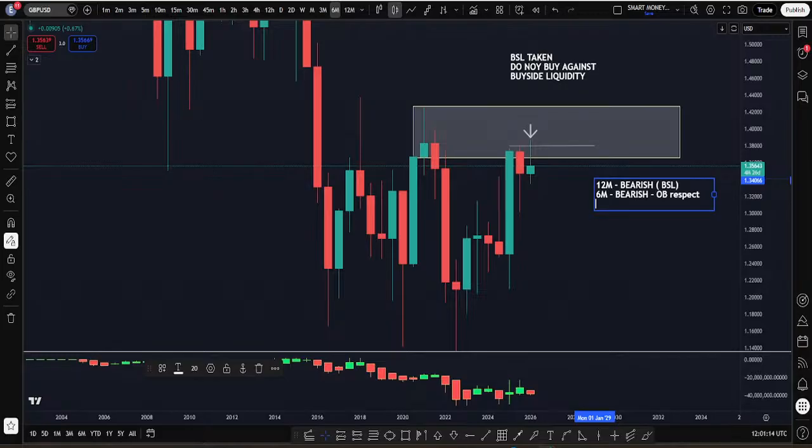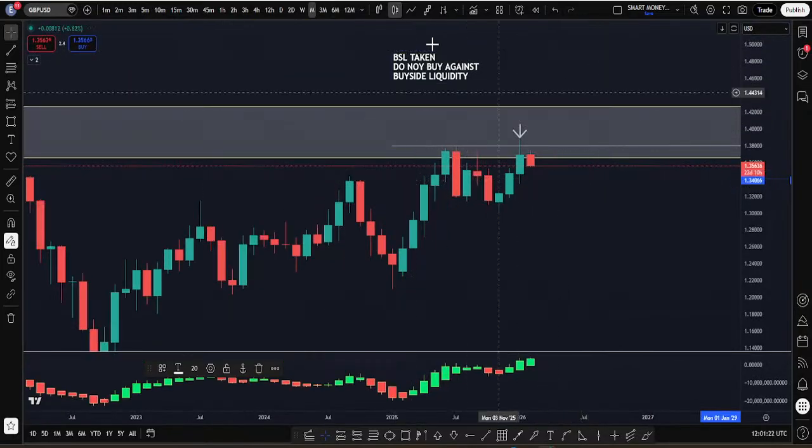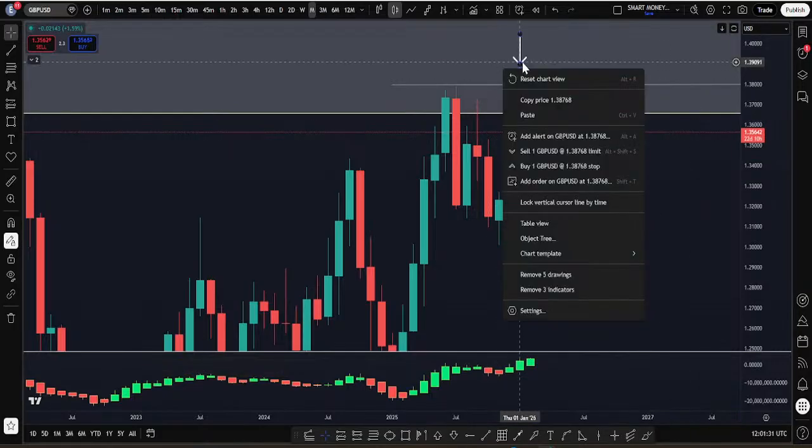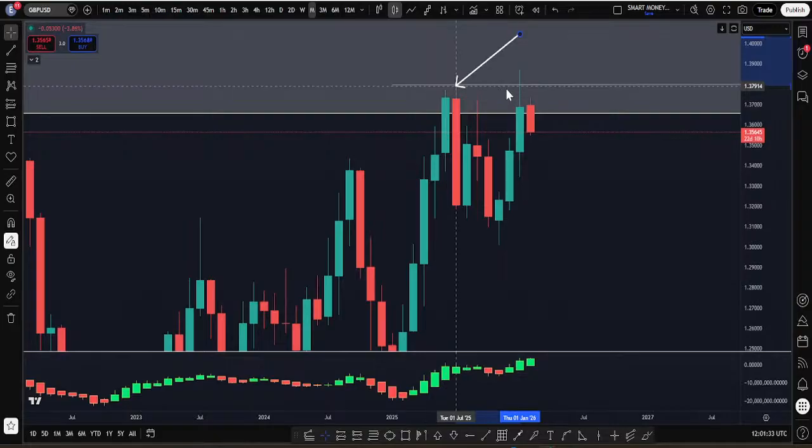And then we can say, on the next time frame, which is the monthly, we'll jump to the monthly here. Let's see what the monthly has to offer. Looking at the monthly, I feel like the monthly supports the bearish idea. Why? Because we can see this is where the 12 monthly, 6 monthly liquidity sweep happened.